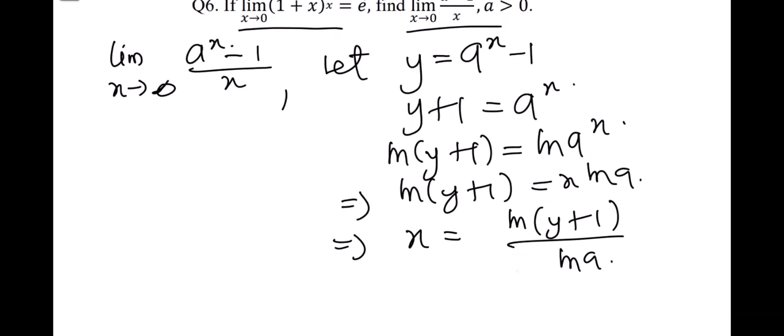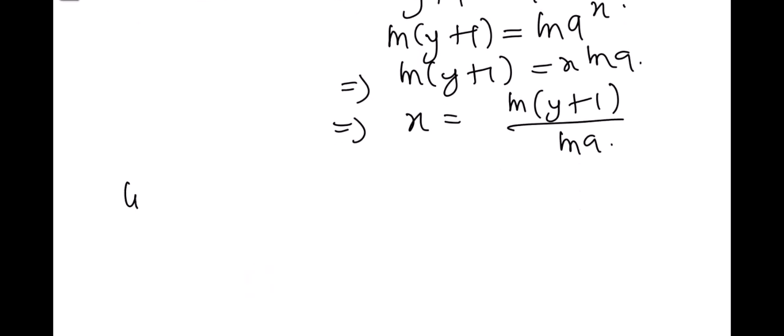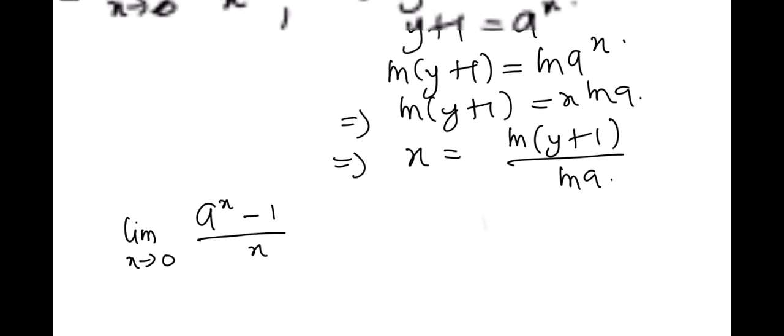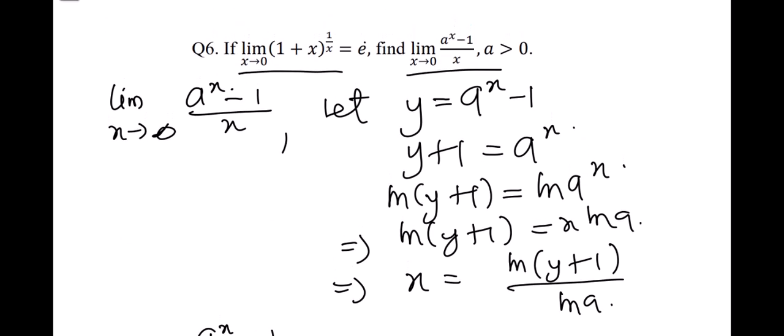Okay, so now we are going to substitute this x in the question that we have. So we have the limit as x approaches 0 of a^x minus 1 all over x, like this. And from here we said let y be this. Now as x goes to 0, what will y go to? y will go to 0.